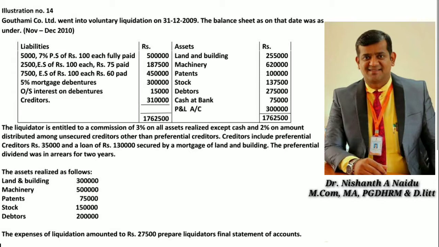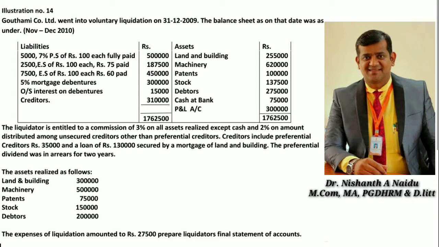Then for the 2,500 equity shares, on that 100 rupees each, we consider the amount to be brought in or paid by the equity shareholders while doing a working note. And at the same time the 7,500 equity shares, with 60 rupees paid, we also consider at the time of the working note.